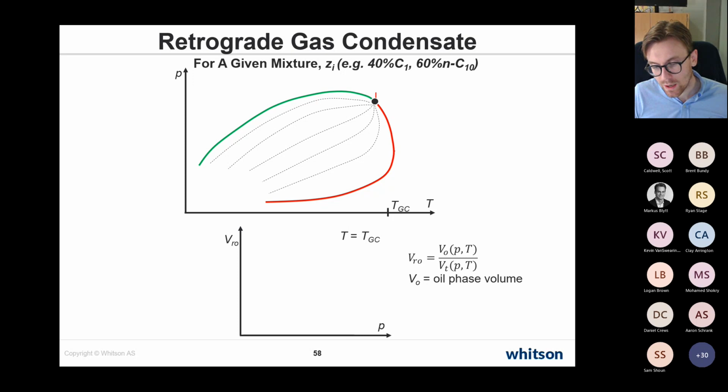And when we get to retrograde gas condensates, we're between this critical temperature right here, which is TC, and the Cricondentherm. So we're between these two points. When we reduce the pressure, we see a dew point, and above the saturation pressure there is no liquid.